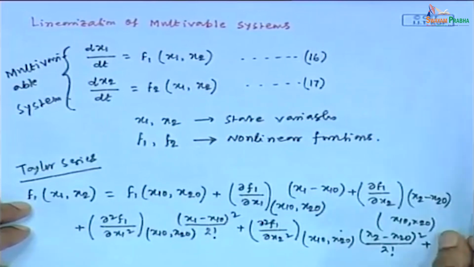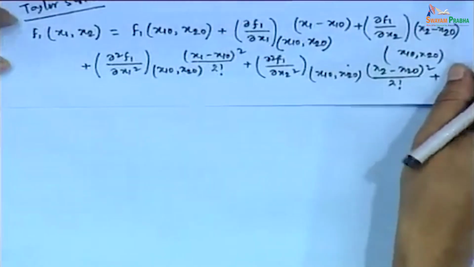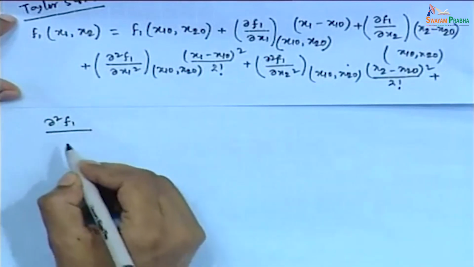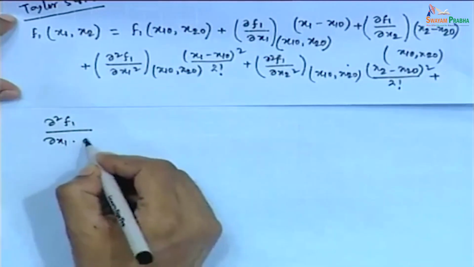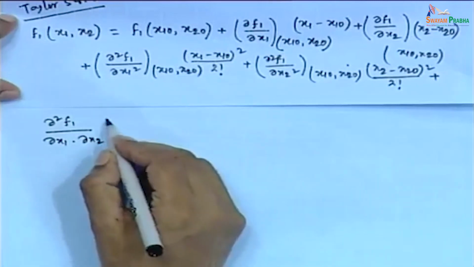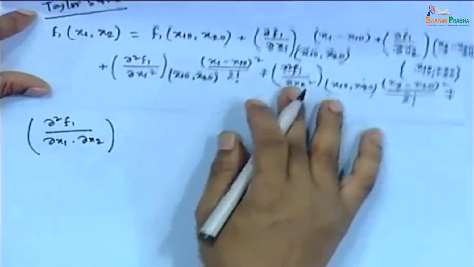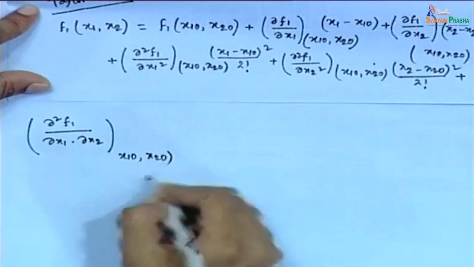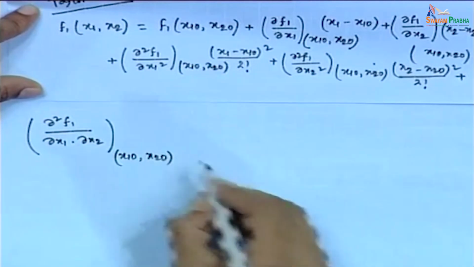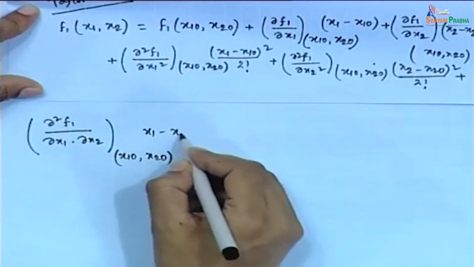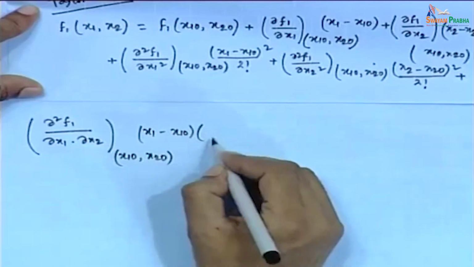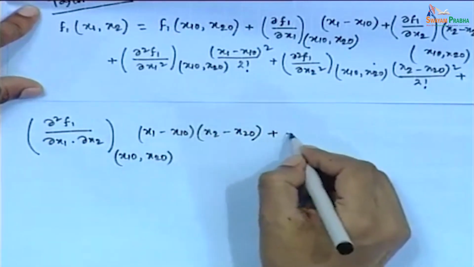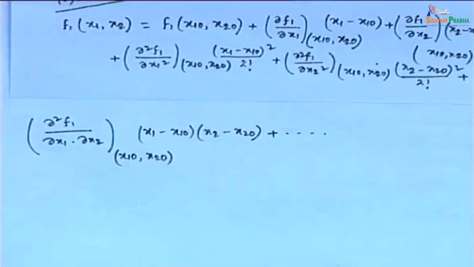The next term is del squared f1 by del x1 del x2 at the point x1 naught, x2 naught, multiplied by x1 minus x1 naught and x2 minus x2 naught.